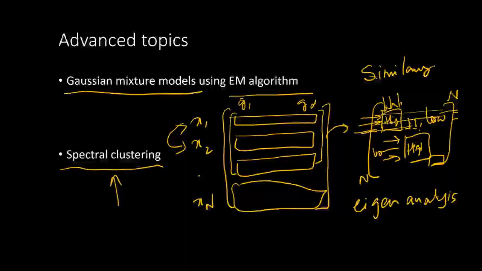And then what we are trying to do is cut that graph with a minimal number of cuts, and that will give us the clusters for the data points. So these are ways where you can go beyond the Euclidean space, beyond just looking at Euclidean distances, to work with other similarity metrics to cluster points. Okay. With this, I come to an end of this topic of clustering.